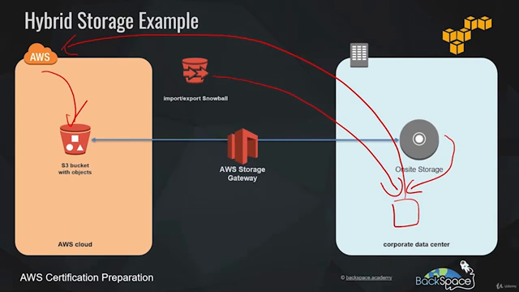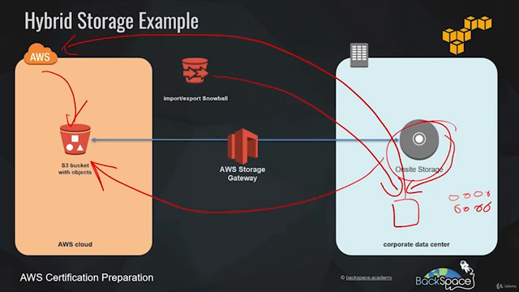What it will do is get your popular content, your content that is frequently accessed, and store copies of that on site in your on-site storage. But at the same time, it will store all of that data in an Amazon S3 bucket for you.